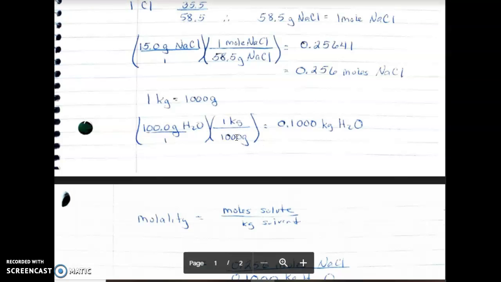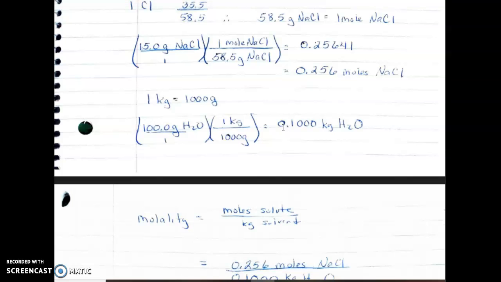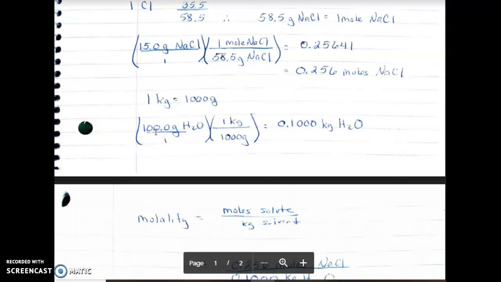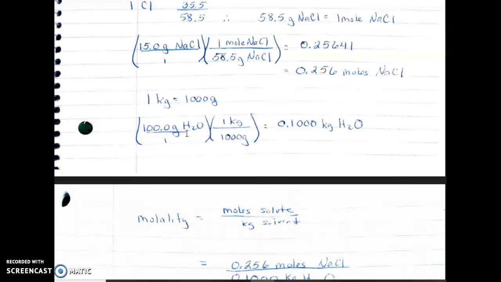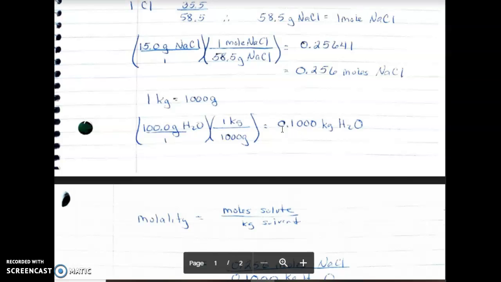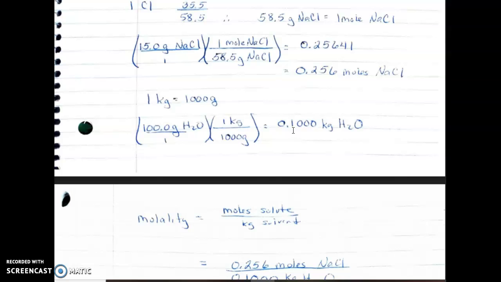So 100 divided by 1,000 equals 0.1000 kilograms of water. And the reason I write this number like this is because there are 4 significant figures here. This first 0 in my answer is not significant. So here's 1, 2, 3, 4. So I need to write this number exactly this way.